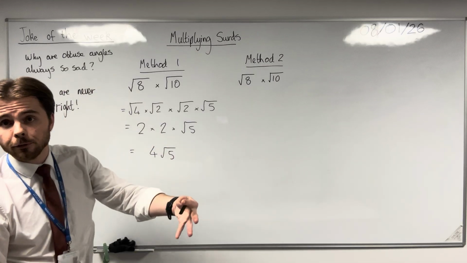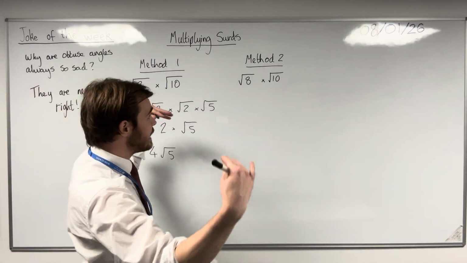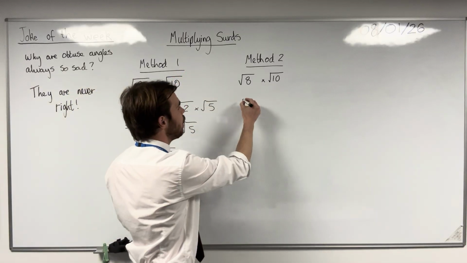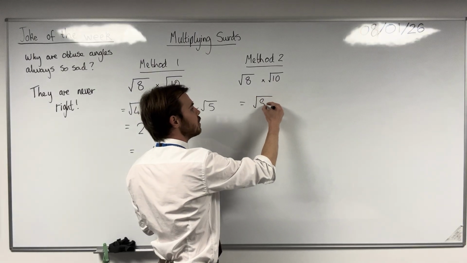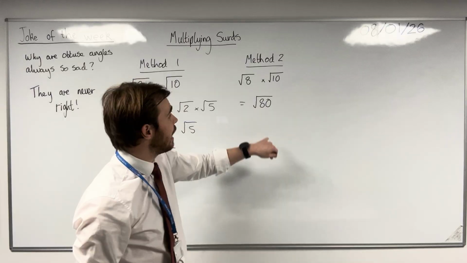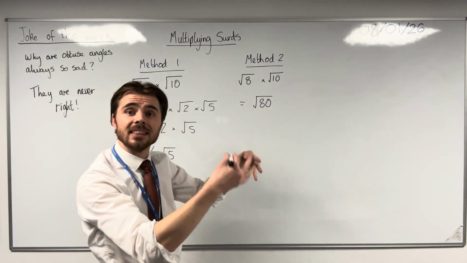Your backup method, which is something that quite a few students are confident with, is combining the surds up and then simplifying down. So they will times the 8 and the 10 to get root 80, and they will look for the biggest square number in that number.